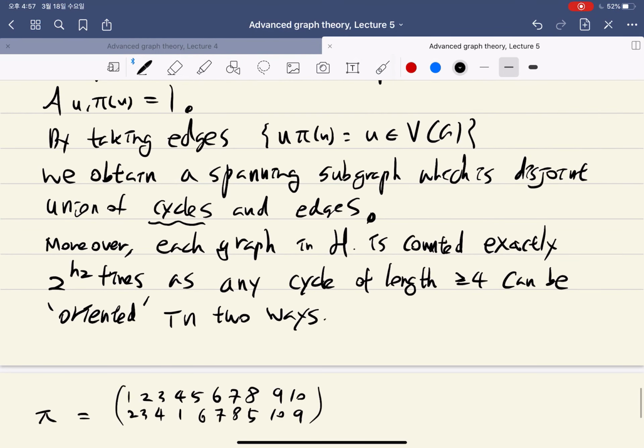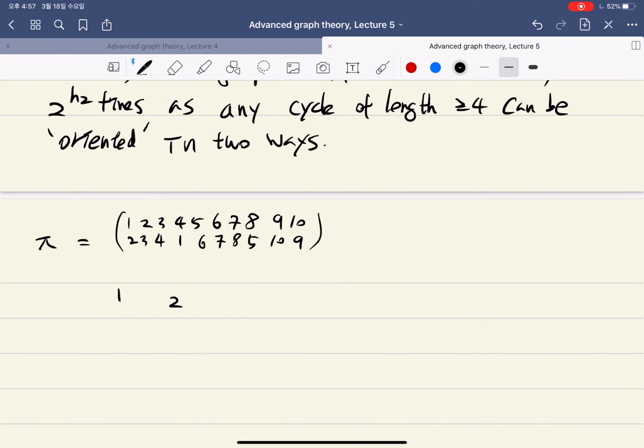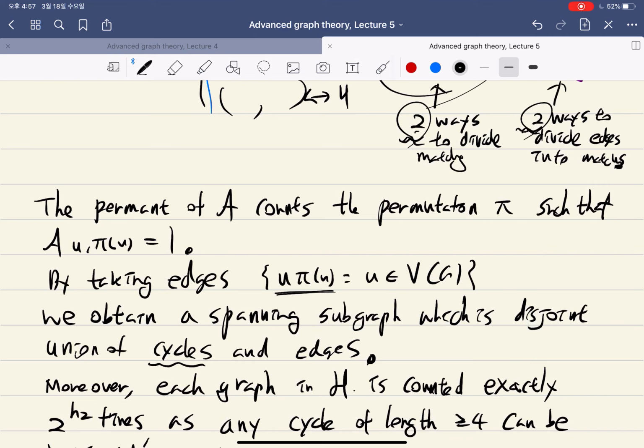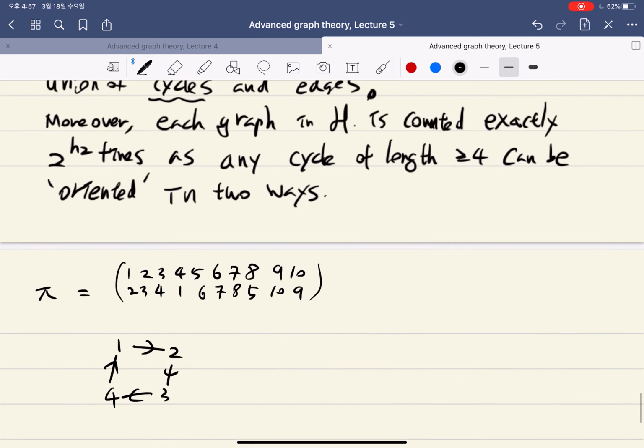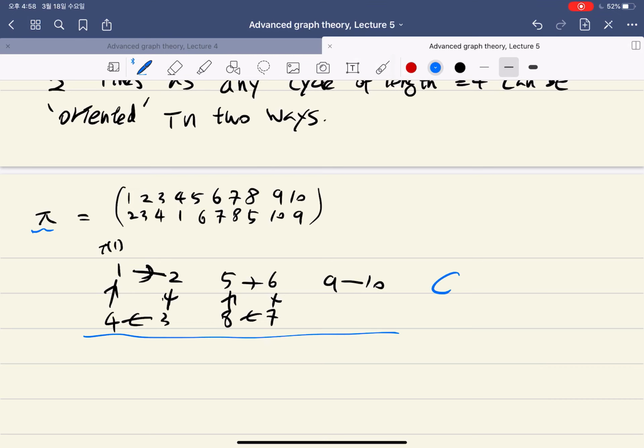Then what's this edge? We have 1, 2, 3, 4. So this is not a directed edge, but u to pi u. Let's say pi 1 is 2. So let's direct in this way. And then 5, 6, 7, 8. And 9, 10 is on both ways. So this pi gives us this graph in, say, H.